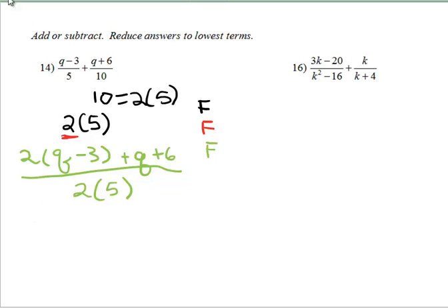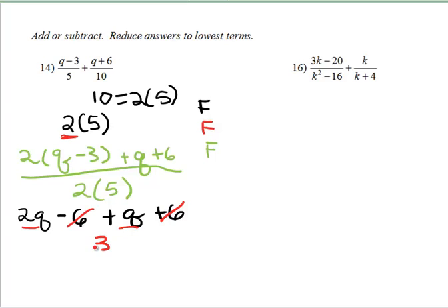I'm going to distribute. So 2q, 2 times 3 is negative, so that'll be negative 6, plus q plus 6. My 6's cancel out. I'll combine 2q and 1q and have 3q. I can go ahead and put this back together. So my answer is 3q/10.